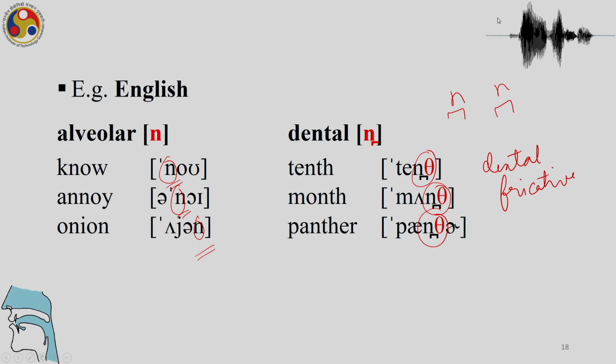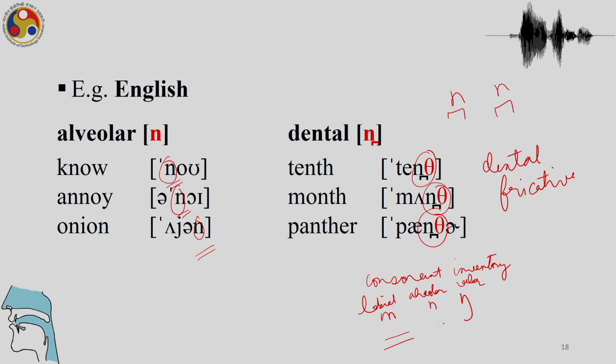Now, from what we know about English, we have never seen dental nasals in English. So, if you recall the consonant inventory of English, English had only 3 nasals, one labial, one alveolar, and one velar.